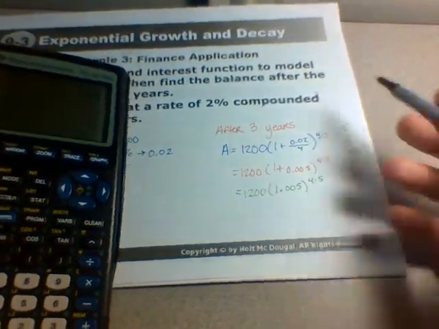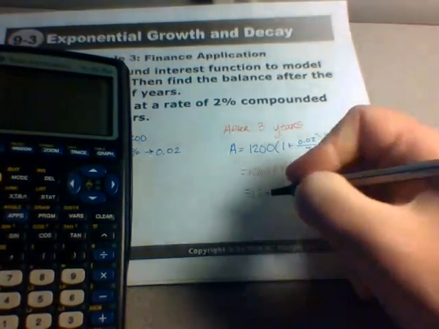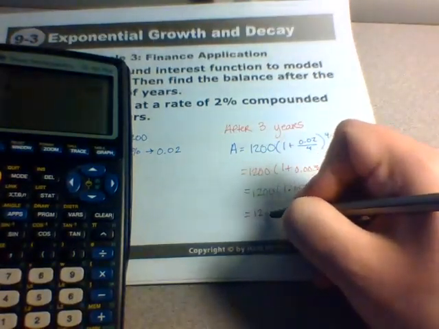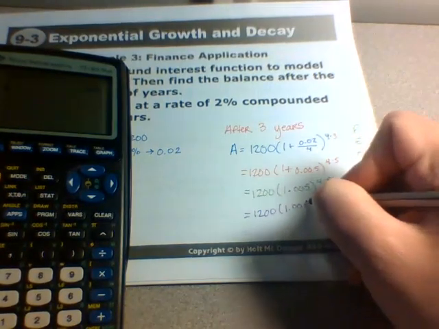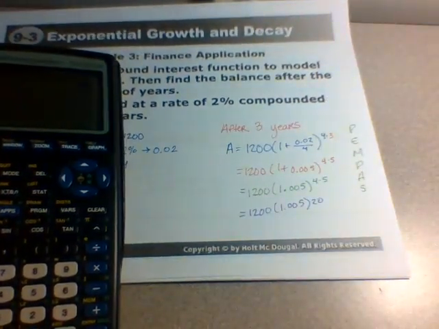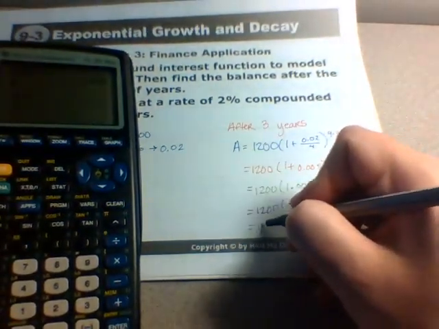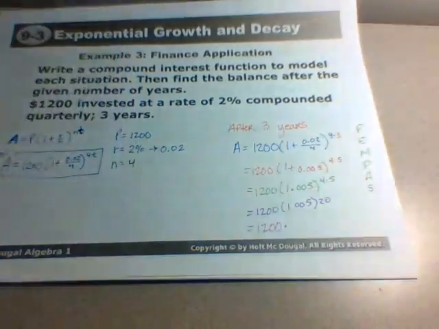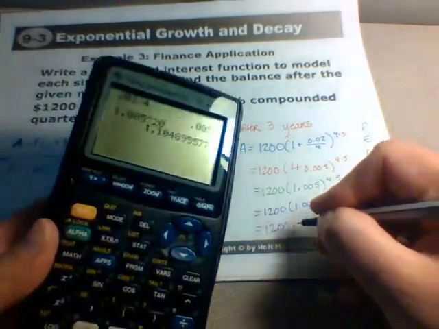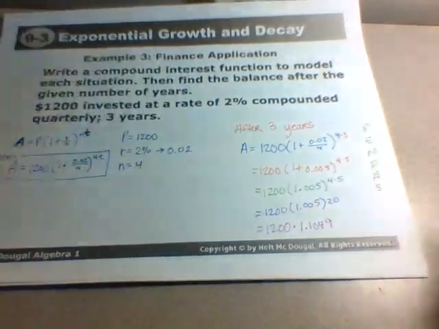Then after parentheses, we need to do exponents. So if you rewrite this exponent, instead of 4 times 3, it'll be 12. And then finally, we can go ahead and actually raise this 1.005 to that power, which is going to multiply by 1.1049.